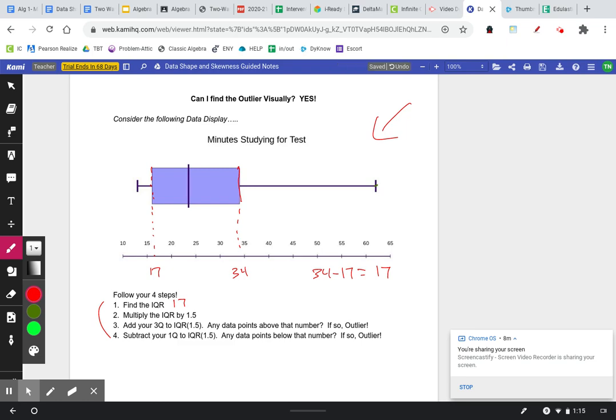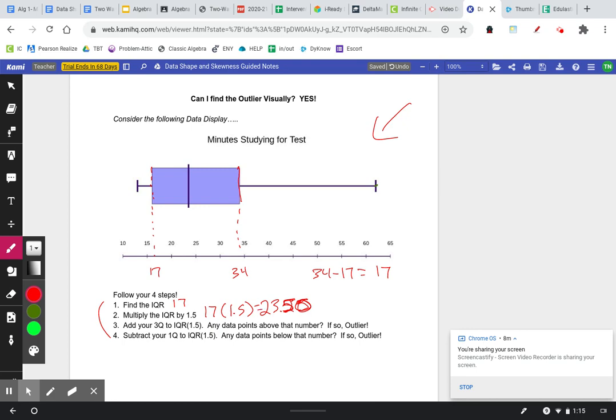So we're going to do 17 times 1.5, which is 25.5, excuse me, 23.5? Let's say that is going to be the IQR times 1.5.